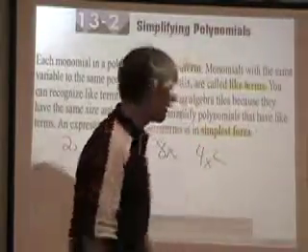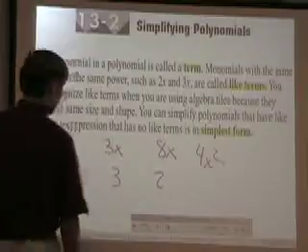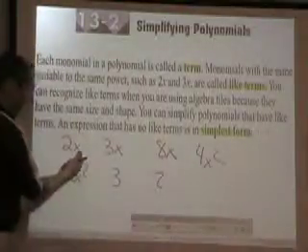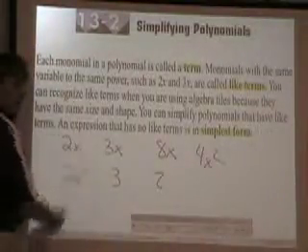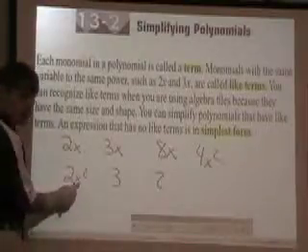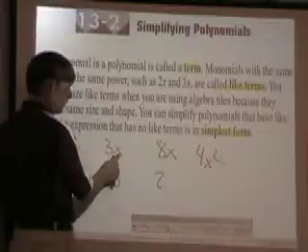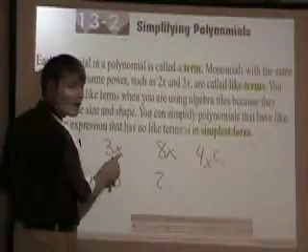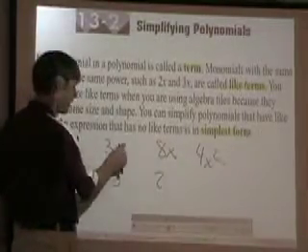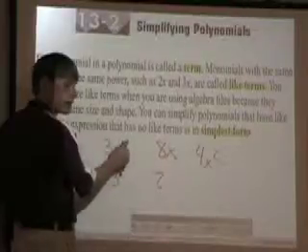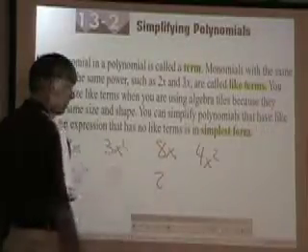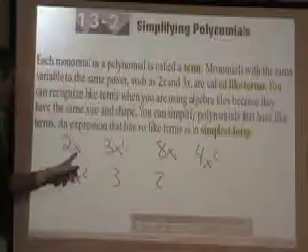Now, for it to be a like term, it must have the same variable and the same exponent. What's the variable here? X. What's the exponent? 2. What's the variable here? X. What's the exponent? 1. When there's a variable with nothing, it's understood to be 1. What's the variable here?